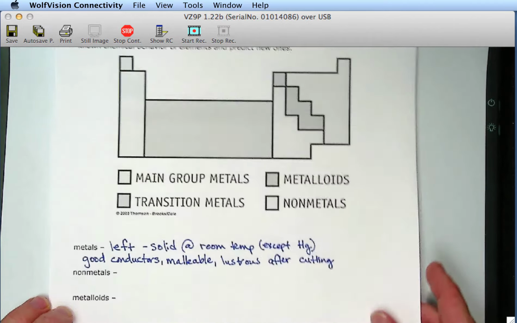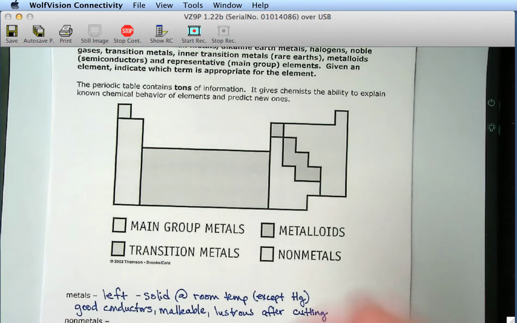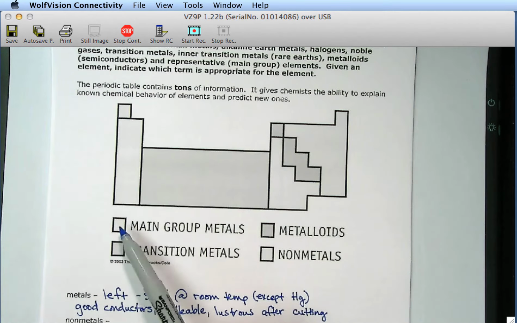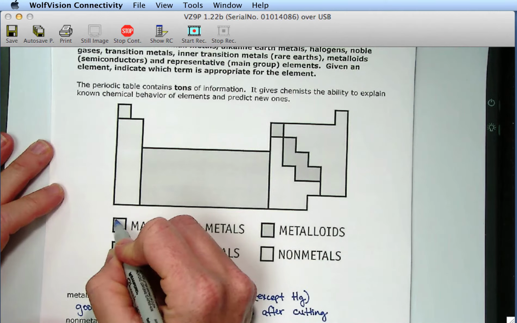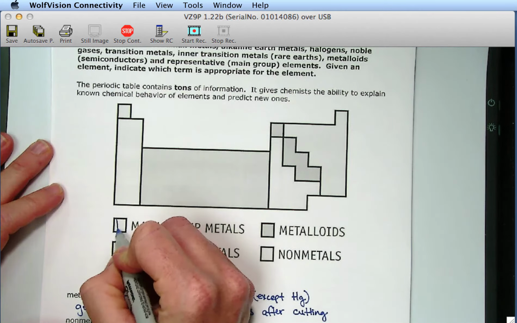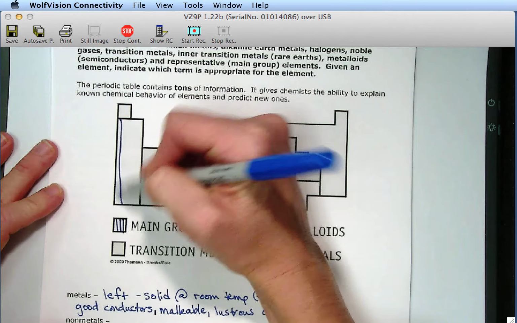So on this rough periodic table, you have your main group metals. So these are your main group metals.